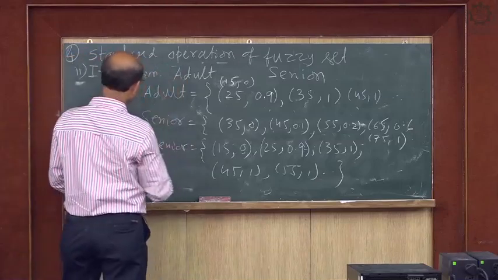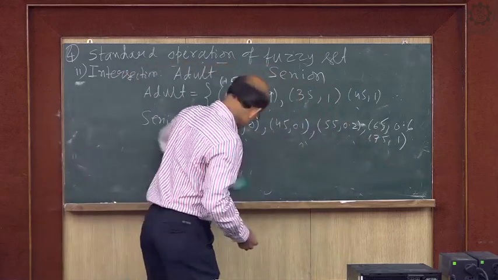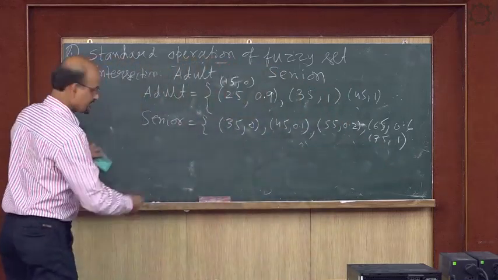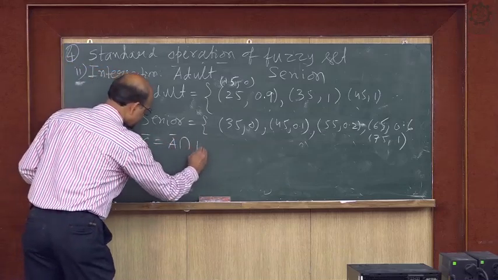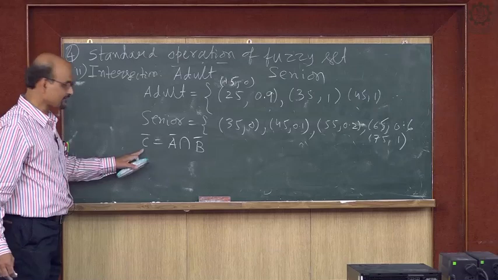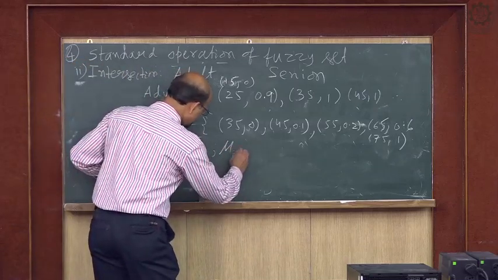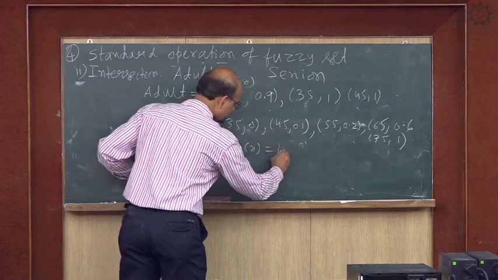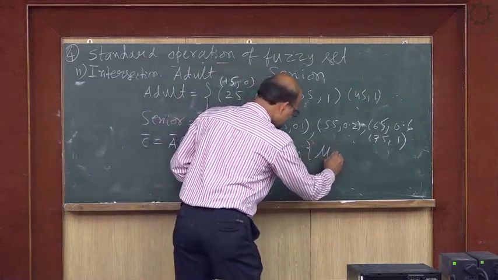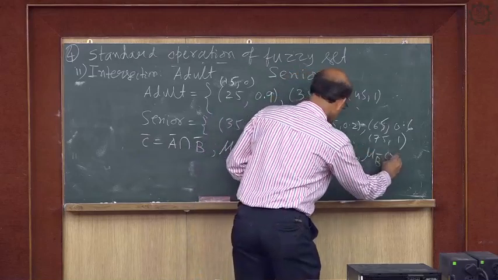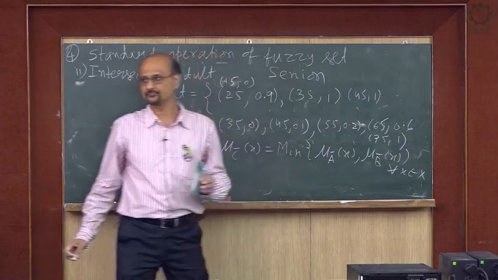So, definition will be intersection C bar is equal to A bar intersection B bar, where this C bar's membership function mu C bar x will be nothing but minimum of membership function of mu A bar x, mu B bar x for all x belong to X. Understanding?